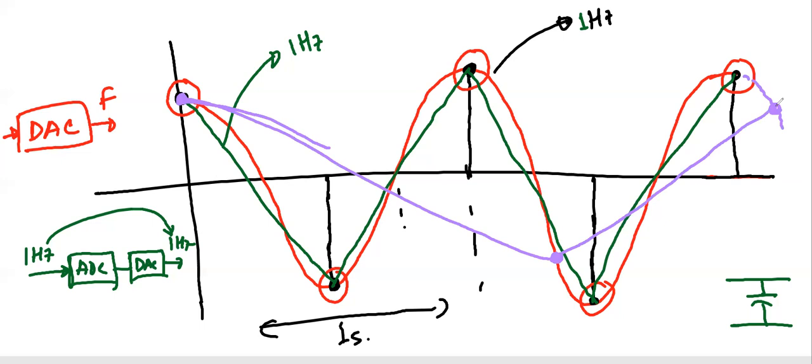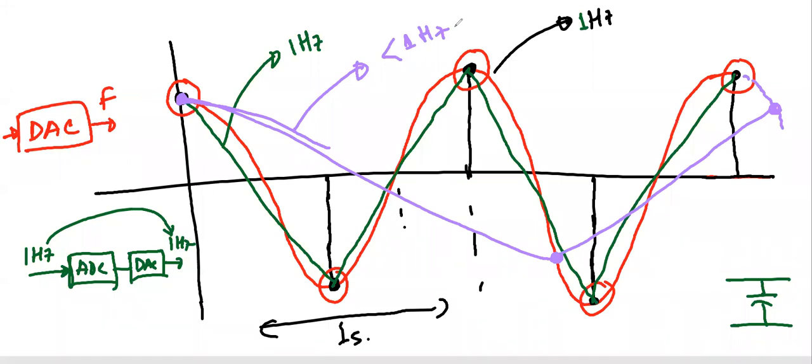Now, of course, this output should be equal to 1 hertz or less than 1 hertz. It is less than 1 hertz. So you can't get back your original signal.